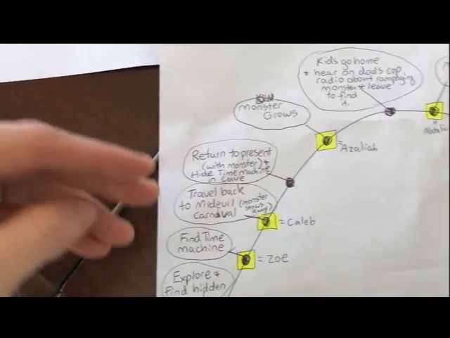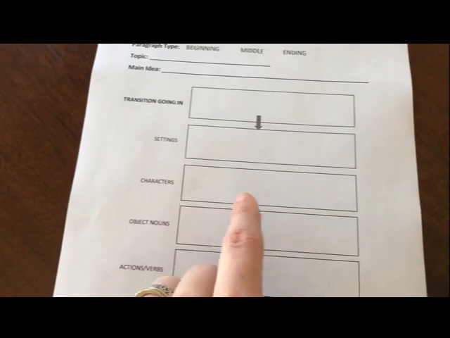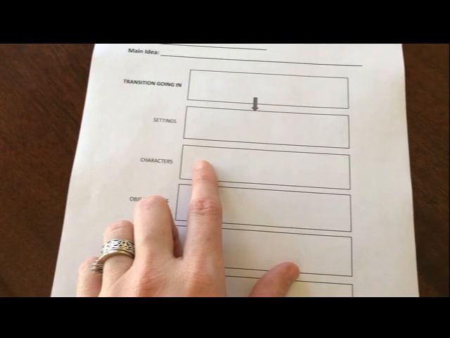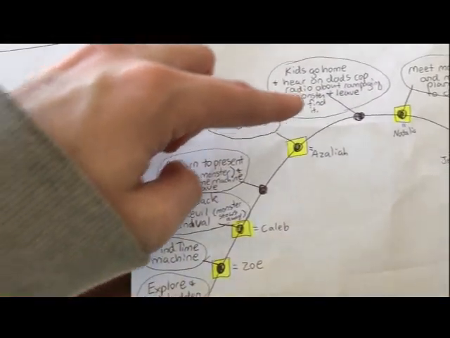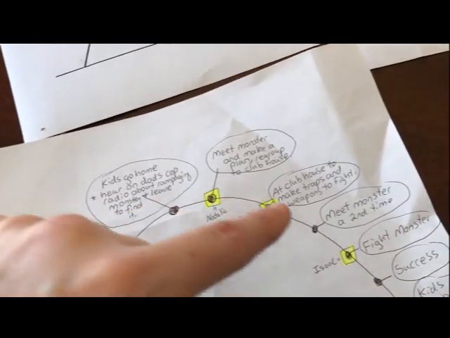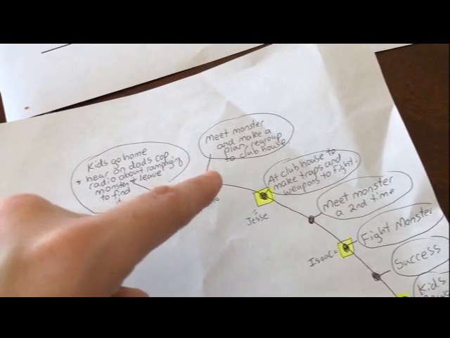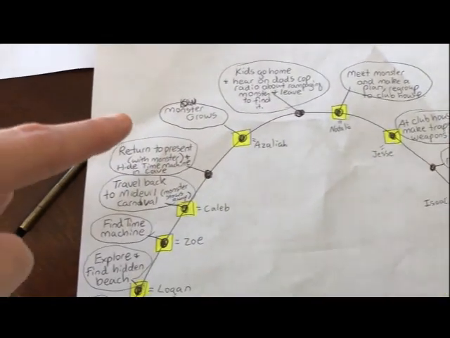The children may be meeting other people there. So you may put some other characters besides the kids. But everybody that has one of these may, except for on certain one where the monster grows, the kids aren't involved in that. And let's see. I think this might be one of the only ones that the kids aren't involved in.